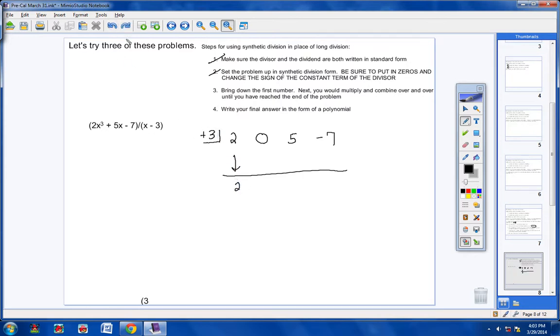Multiply 3 times 2 and you'll get a 6, and then combine these two numbers here and you'll get a 6.